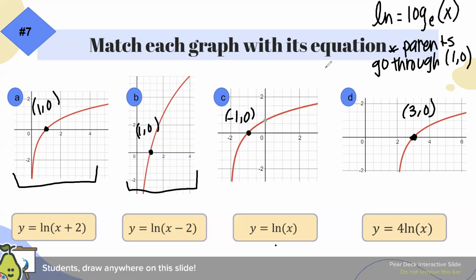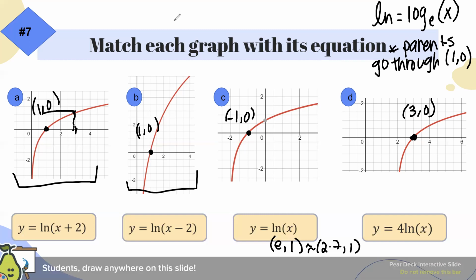And log base e means the point (e, 1) is a point on the graph. And if you don't remember, e is 2.718. So we're really looking for the point about (2.7, 1) on any graph. If we're looking at graph A, for instance, here's 3, so 2.7 is maybe here-ish.